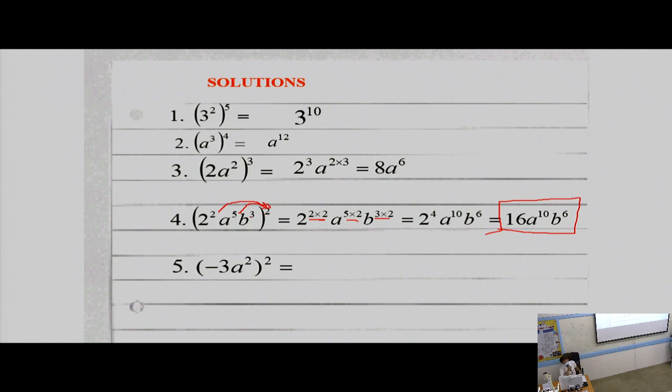What's the answer for number 5? Negative, the quantity of negative 3a to the power of 2 to the power of 2. I want the final answer like this. What would be the answer? Anyone from the class? Try to at least do it. Solve.